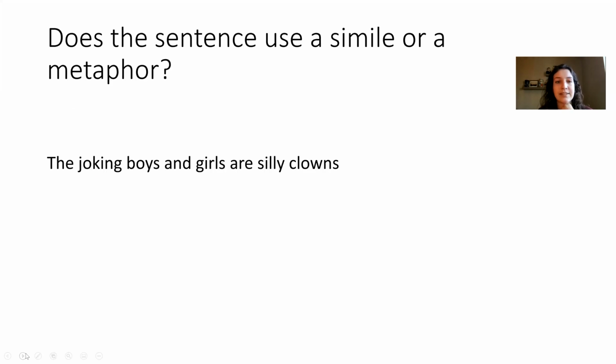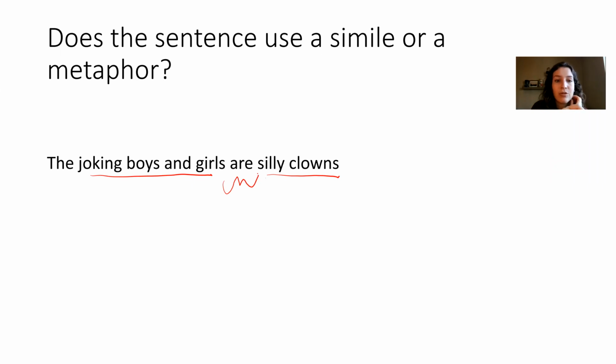All right, for our next example, does the sentence use a simile or a metaphor? The joking boys and girls are silly clowns. So here we have joking boys and girls, and they're being compared to silly clowns. But the key difference here is that we're looking at how they're compared.